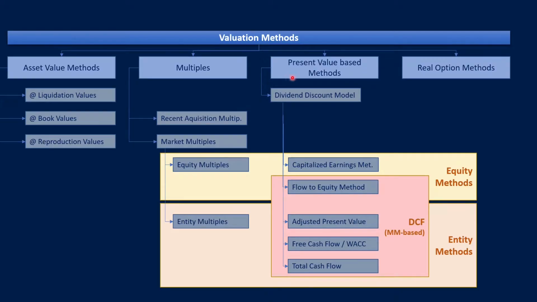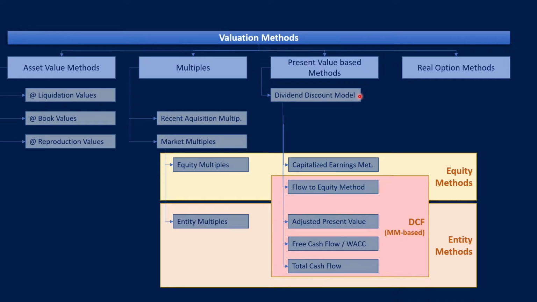Present value based methods are based on present values, of course. So they have to discount a stream of cash whatsoever. The mother of all those present value based methods is the so-called dividend discount model, which means that the projected or forecasted dividends of a company are getting discounted.